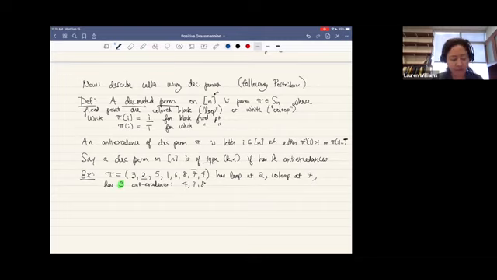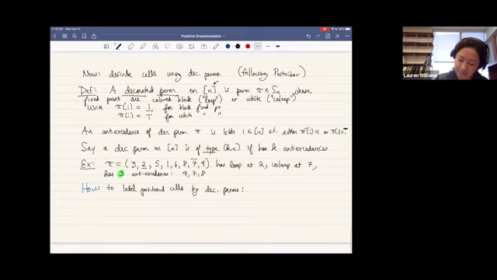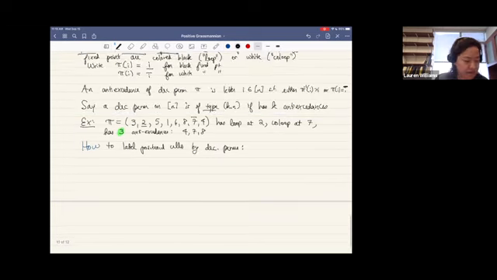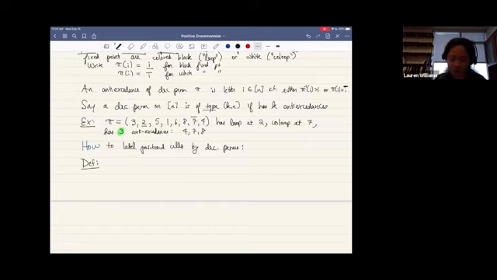Okay, so now I want to explain how that works. I want to explain concretely how to label positroid cells by different permutations. So let's start with an element of the totally non-negative Grassmannian.